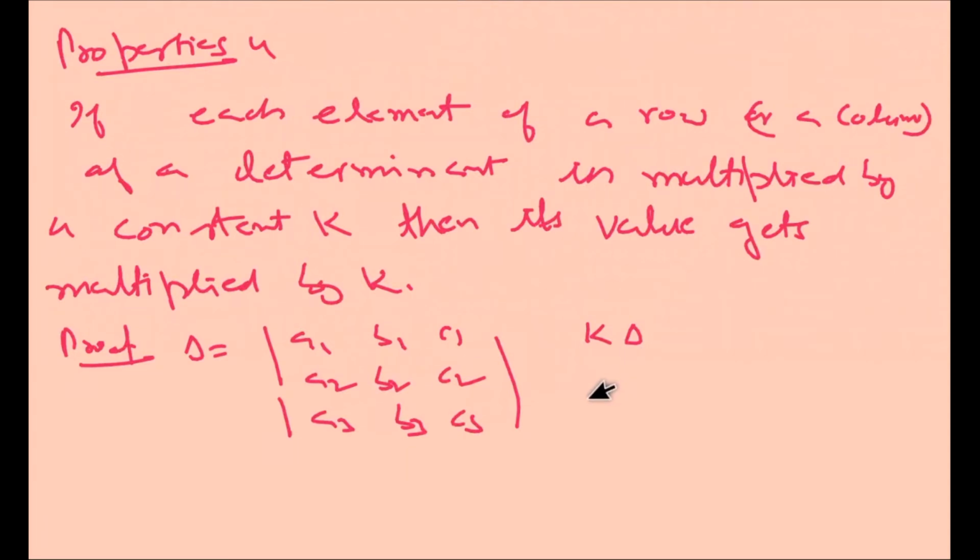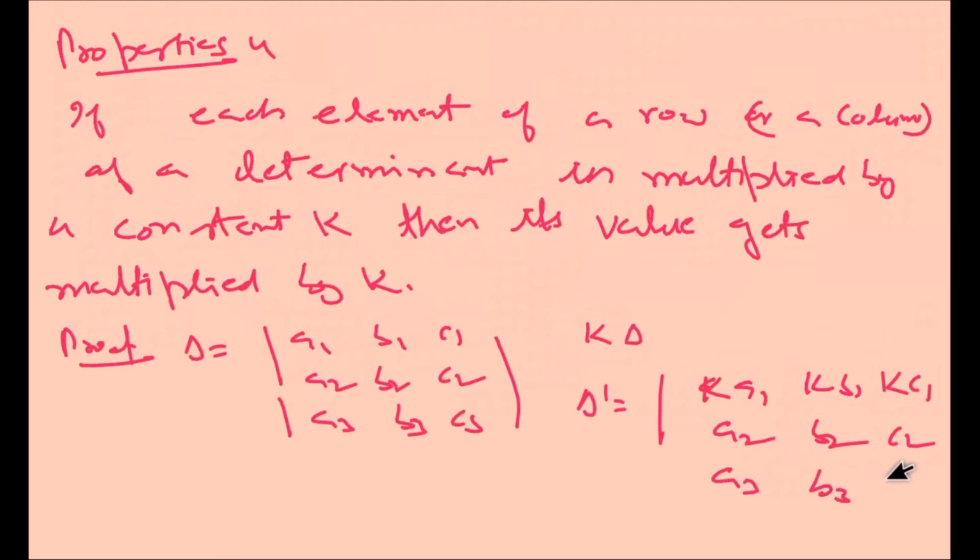Now let delta dash equal to ka1 kb1 kc1, a2 b2 c2, a3 b3 c3.